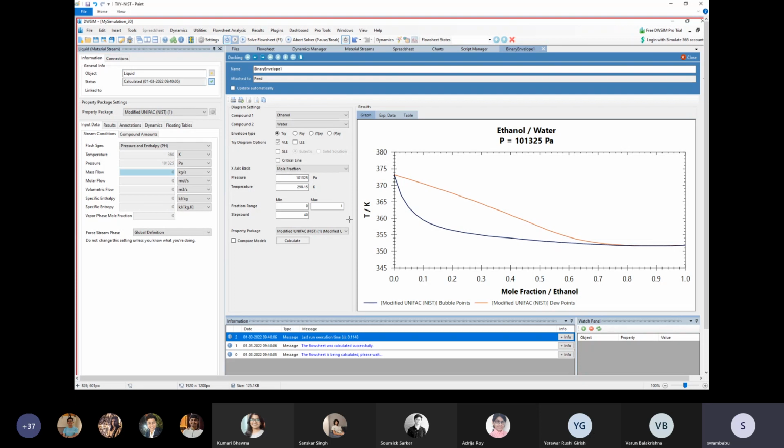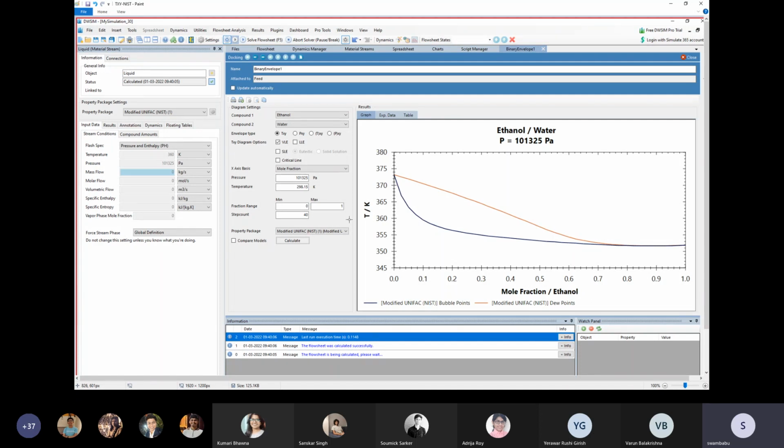So with this interface, with these process simulators, people have written a code that runs in the background and generates this data for us, which makes our life much easier.